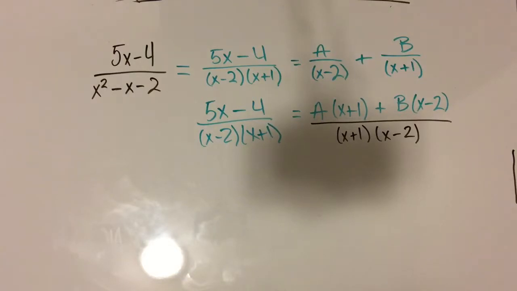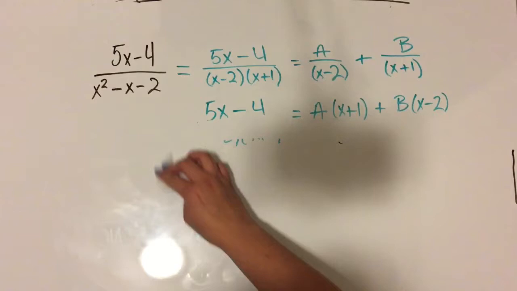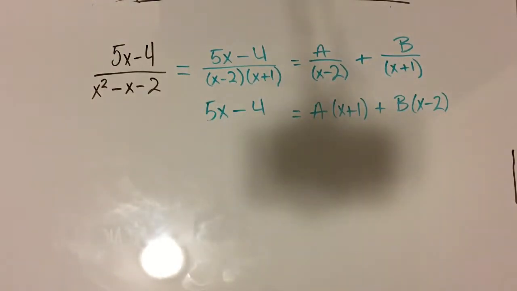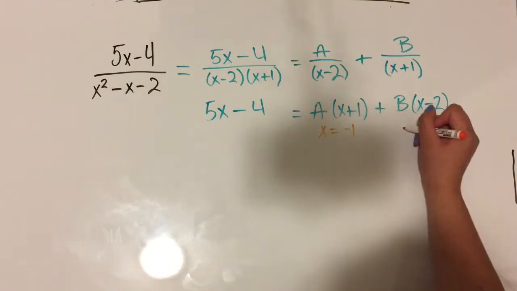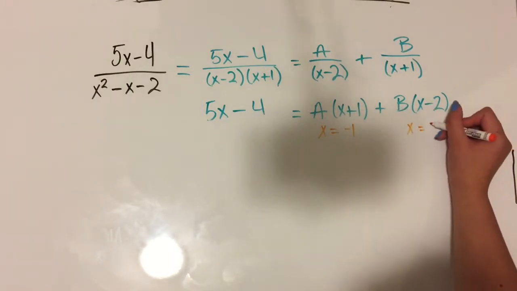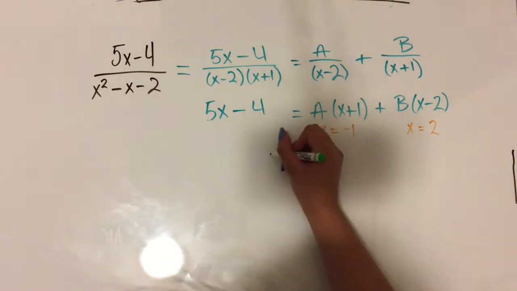Once you do this, you're going to disregard the denominators and just focus on the numerators. Next, you're going to find the constants. You can do this by substituting the roots or the zeros in the bottom, or as you can see here.